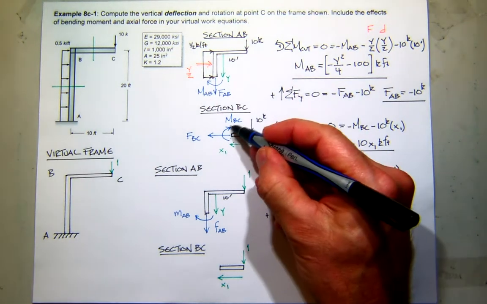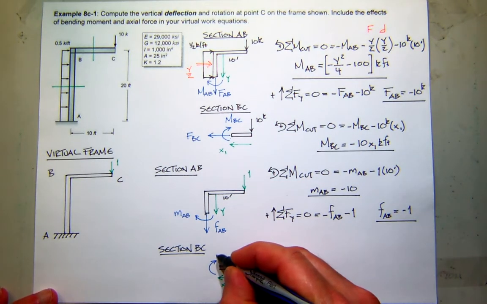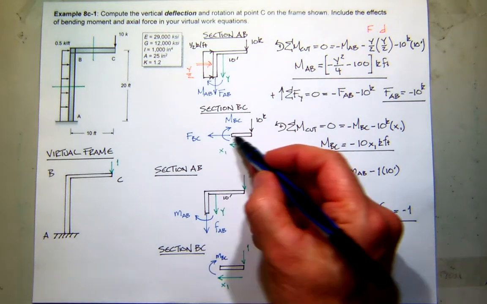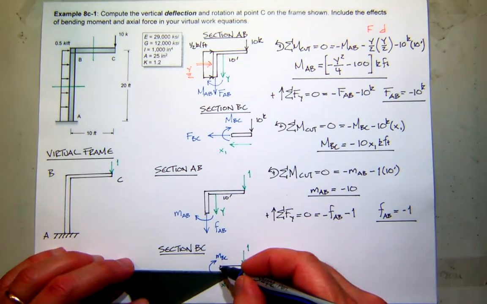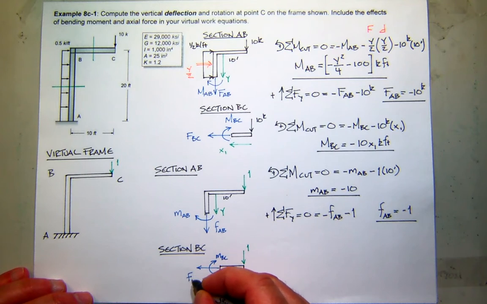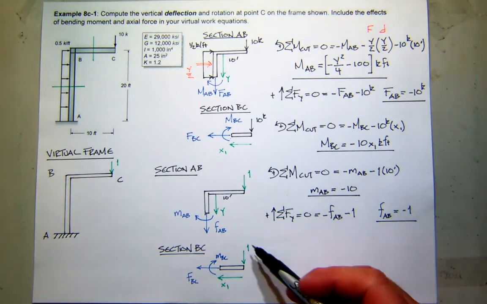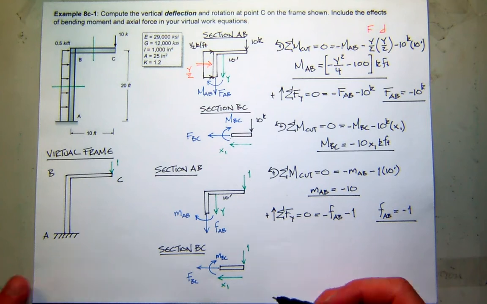Now I assume this kind of moment at BC, I have to do the same here, except that's the virtual moment in BC. I assumed tension for the real axial force, so I'll assume tension for the virtual axial force. I just need to make sure this structure is in equilibrium.